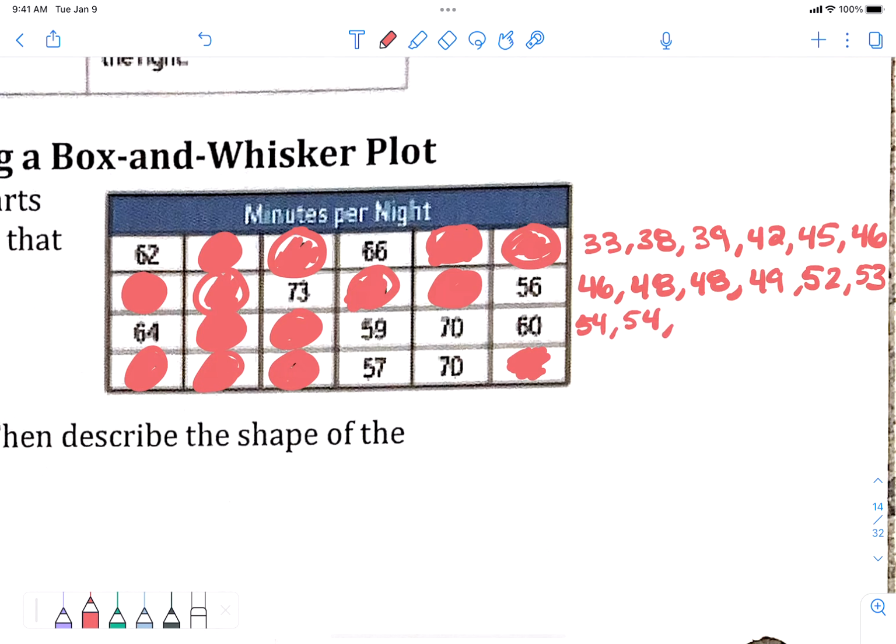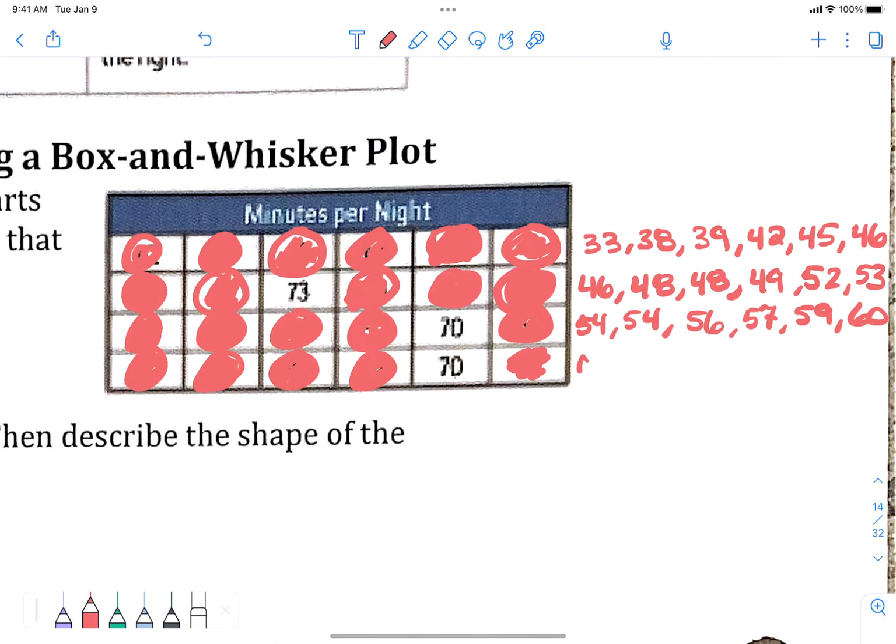Then 56, 57, 59. Are you guys checking these? No? 60. Okay, 62, 64, 66. 70, whoa. 70, 70, and then 73. Okay, good? Happy with that?